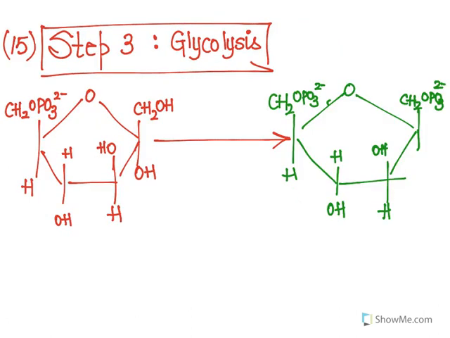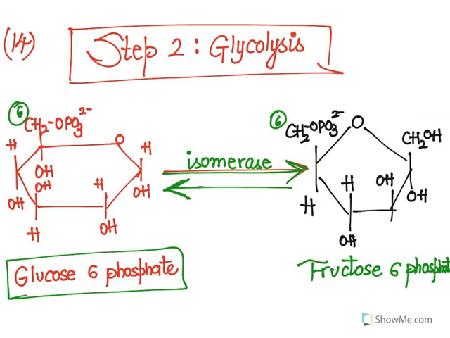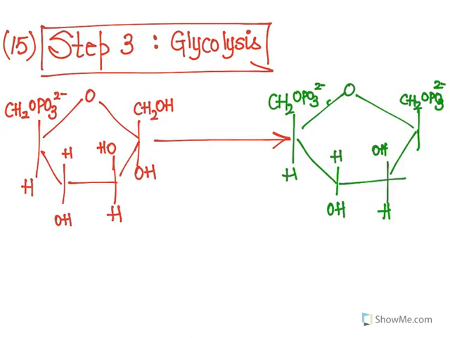All right, so for step 3 for glycolysis, what do we have here? Now here you can see that the reactant of this reaction is basically what we had in the last step, fructose 6-phosphate. So that is what we are moving on to. So we'll call it fructose 6-phosphate.